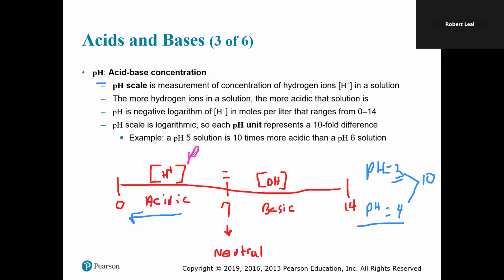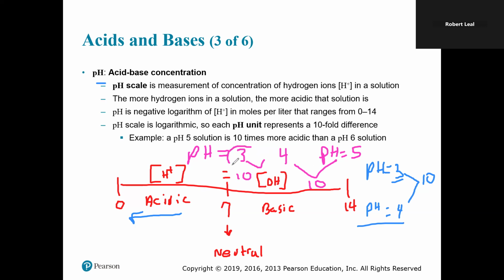So let me give another example. All right, let's do pH of 3, and I'm comparing it to pH of 5. Both are acidic. Again, the pH of 3 has more hydrogen. How much more? Well, let's draw the steps in between 3 and 5. There's a 4, right? So between 4 and 5, the pH of 4 has 10 times more hydrogen. And between 3 and 4, pH of 3 has 10 times more hydrogen.